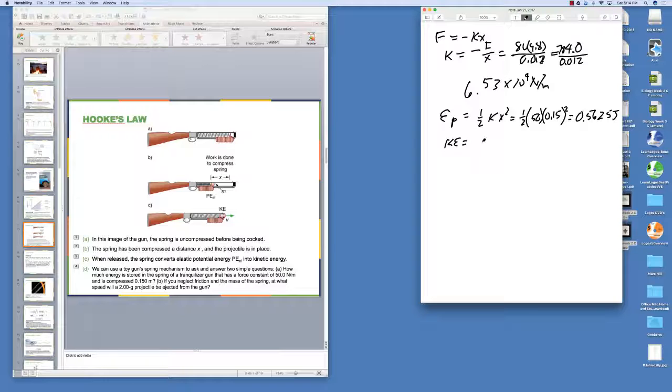So if KE is equal to 1/2 mv squared, then v is going to equal the square root of 2 times KE divided by m, and that's going to be 2 times 0.5625 divided by 0.002 kilograms, because this is joules, and the square root of that factor right there. And if we do that math, we get 23.7 meters per second.